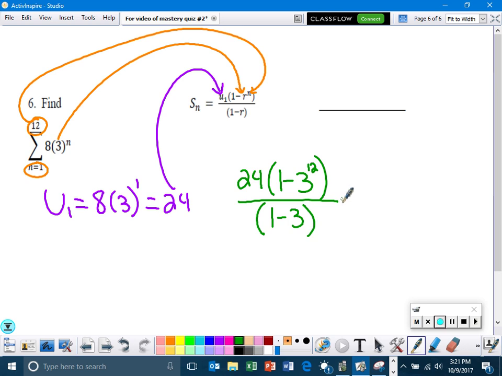All right, just type that in on your calculator, just like that. 24 times 1 minus 3 to the 12th power, divided by 1 minus 3. Okay, be careful. The formatting might be a little weird when you type it in. Make sure it looks just like that. Hit enter, and you get a fairly large number.